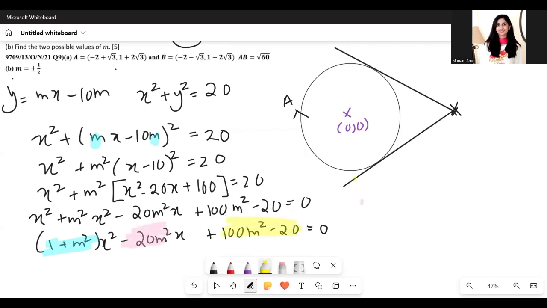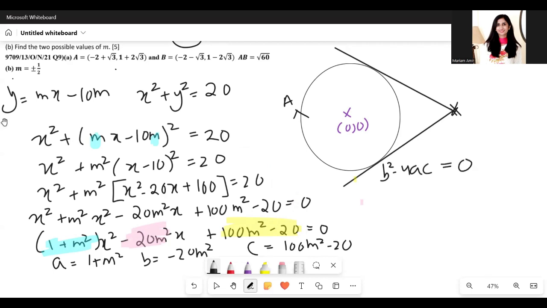So a is 1 plus m squared, b is minus 20 m squared, and c is 100 m squared minus 20. So b squared minus 4ac equals 0 in the case of a tangent. So (minus 20 m squared) squared minus 4ac equals 0. Let's expand this.